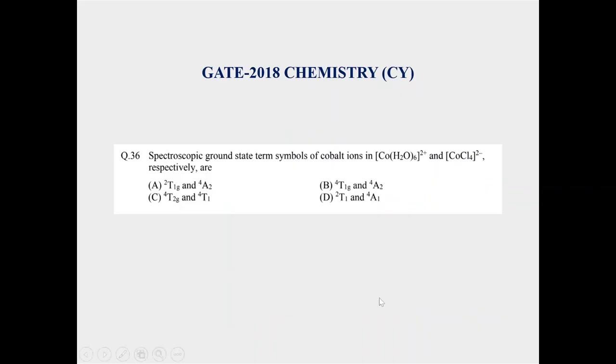So the next question is question number 36. In this question, they have asked: what are the spectroscopic ground state term symbols of cobalt ions in [Co(H2O)6]2+ and [CoCl4]2- respectively?